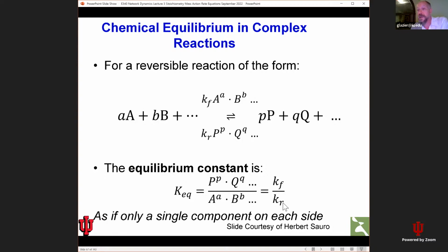It's still just Kf over Kr. So the equilibrium constant is the same regardless of how complex things are for mass action. It all behaves as if there is only a single component on either side. And that is a great simplification, and it's why you can do very, very complex metabolic flux balance analysis.